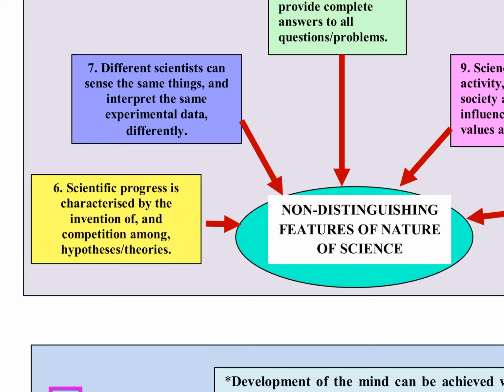Further, one of the scientists, Wegener, suggested that the continents had once been one. There was one single piece of land in this world, and it drifted apart.